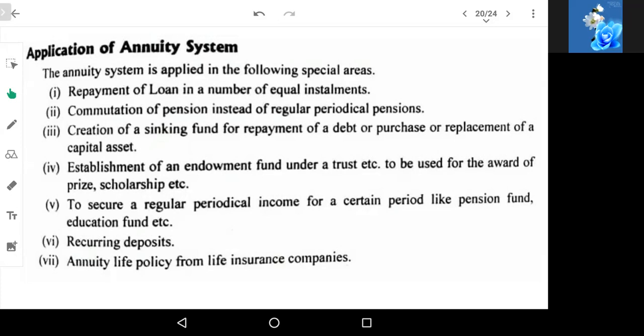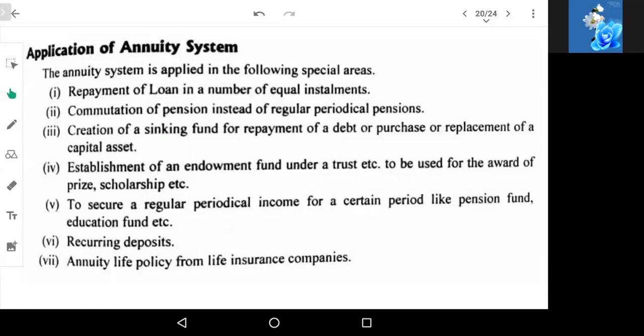And if they are giving scholarships, then the money will not be kept aside altogether. They cannot keep some lakh rupees aside together. So every month they will keep saving a little amount, and that little amount will go into a fund called an endowment fund under a trust.